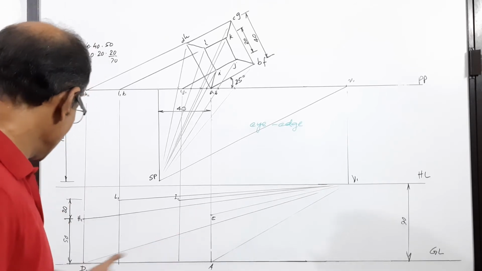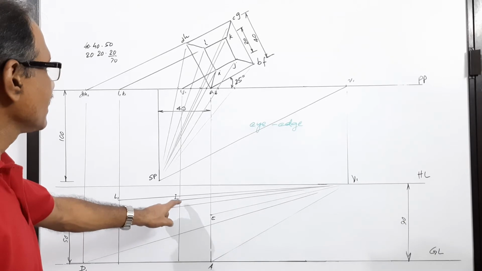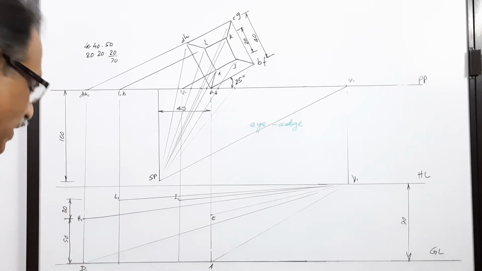A, E, D, H, L, I. Now you have to drop intercepts.